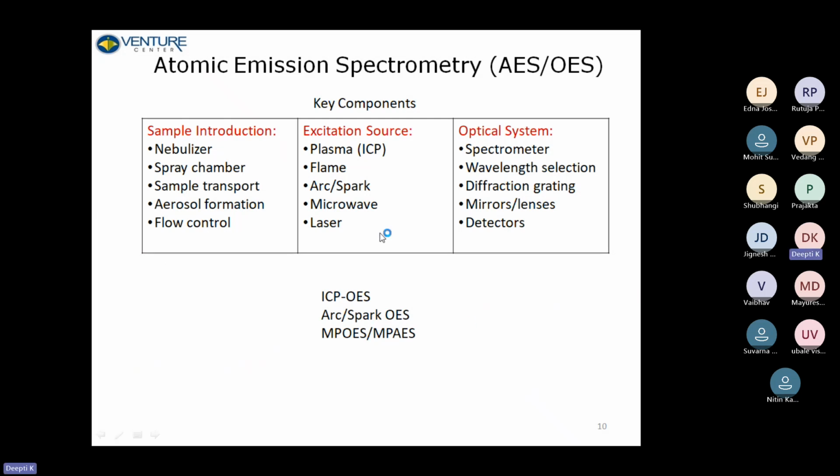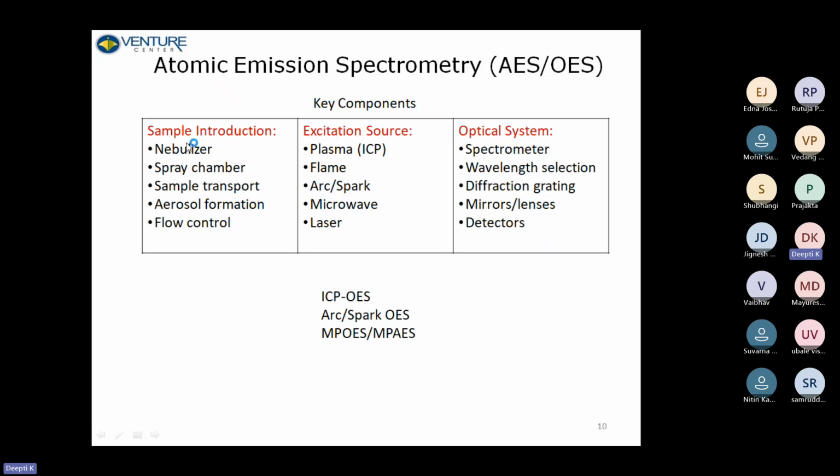So the key components of an AES are a sample introduction unit, an excitation source unit, and an optical system unit. The sample introduction system helps to transport our sample solution into the excitation source, where the excitation of the sample happens, and the decay or the emission will then be captured by the optical system.